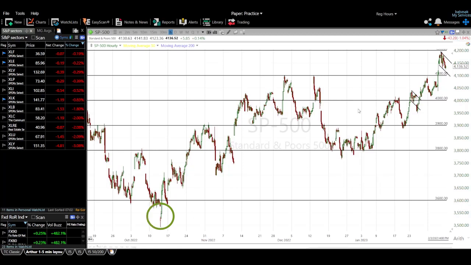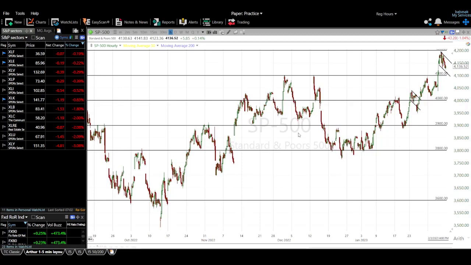One of the important things about the S&P breaking out above 4,100 is that it kept this sub-intermediate uptrend alive, because it's making higher highs, higher lows, and above 4,100 that's the next higher high. That keeps this sub-intermediate to intermediate uptrend alive.